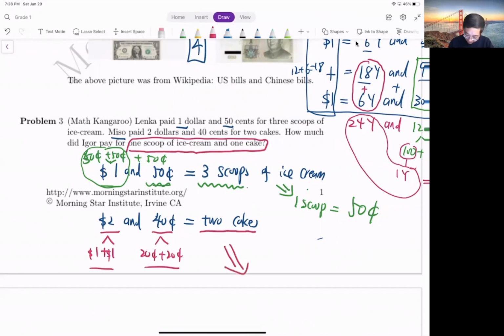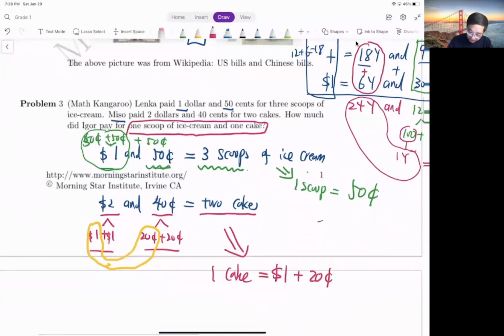So what we derive is 1 cake equals $1 and 20 cents, right? Because everything is split evenly. So we get 1 cake equals $1 plus 20 cents. All right, that's all we need.